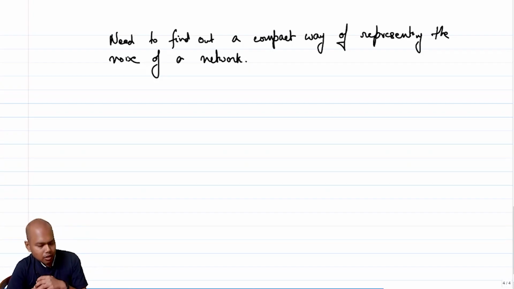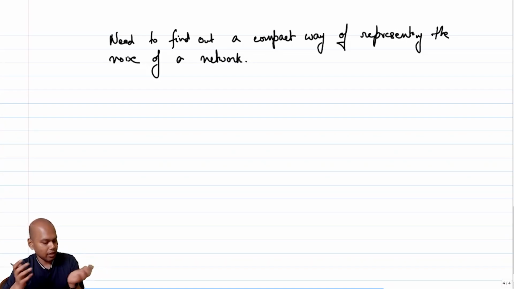Just like you know that we have Thevenin equivalent, Norton equivalent, and so on, to represent a complicated LTI network as a bunch of simple resistors and voltage sources or current sources, right? Similarly, we would like to have a compact way of representing the noise in a system in a compact format.